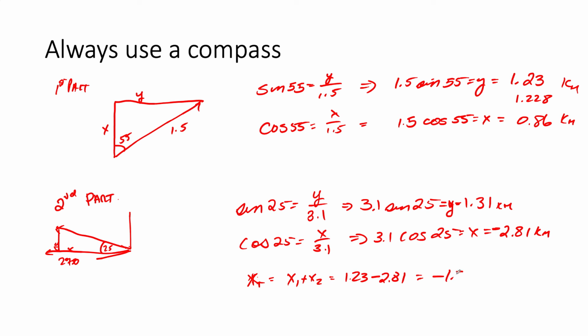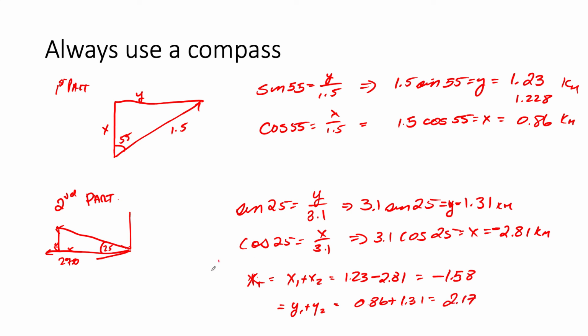And my y, which is going to be y1 plus y2, and again, both of those are going in the same direction, up. So that's going to be 0.86 plus 1.31. That's going to give me 2.17.